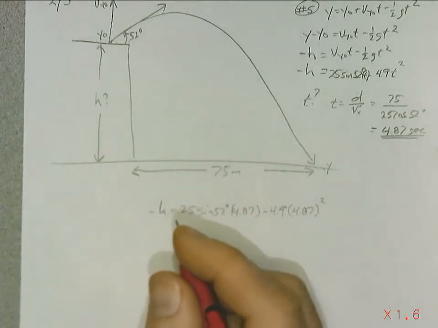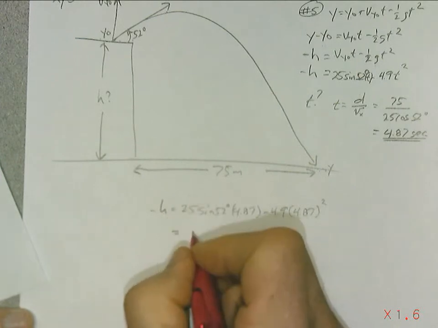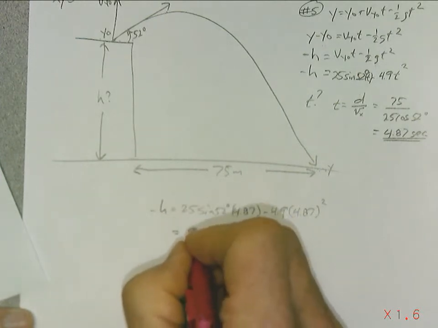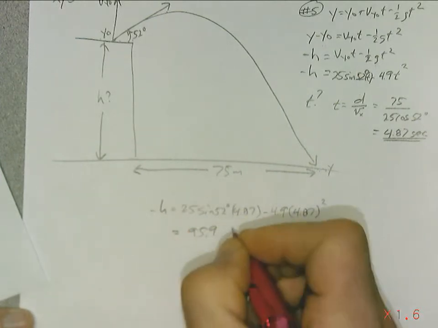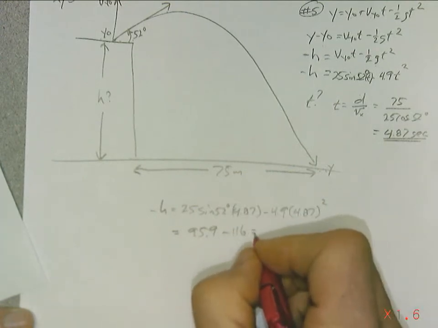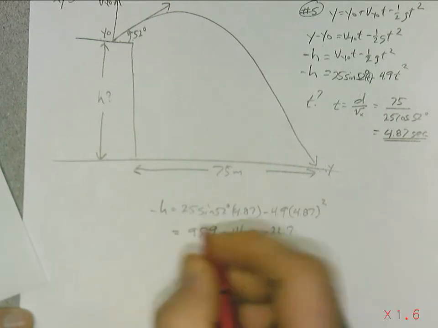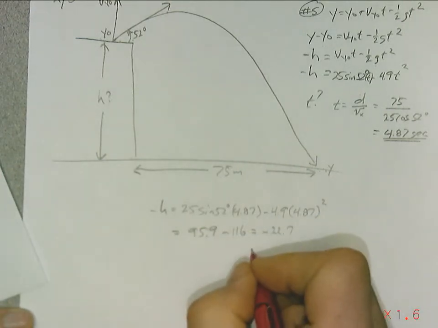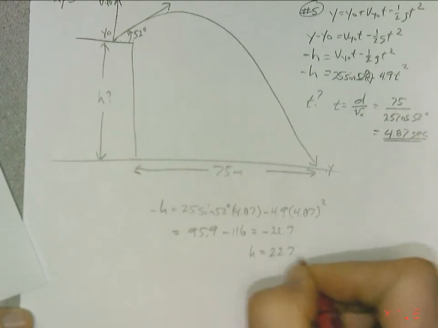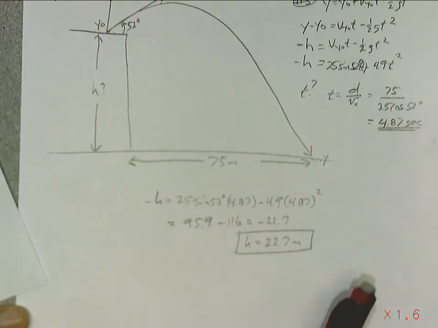And if I'm doing this right, that should be equal to 95.9 minus 116, and that gives you basically minus 22.7. So since that's minus h, we have that h is equal to 22.7 meters, and we have solved the problem. Thank you very much.